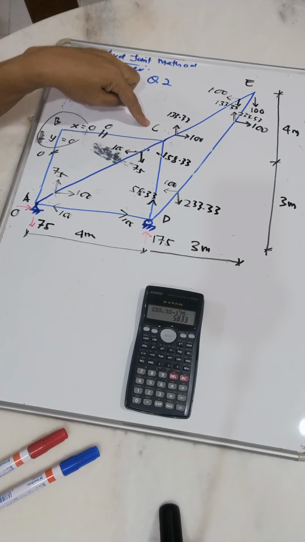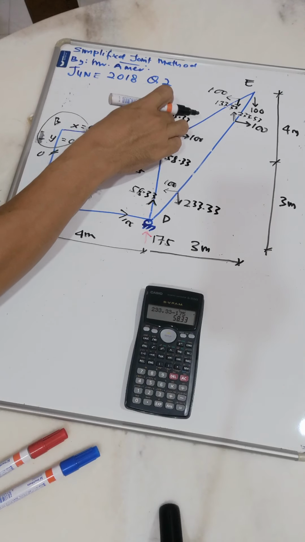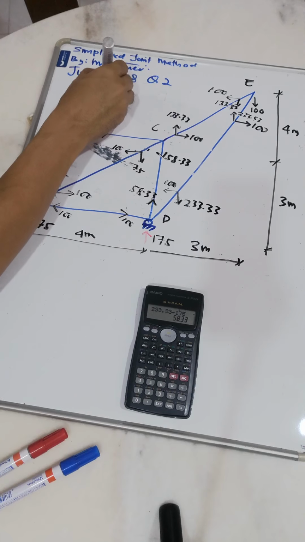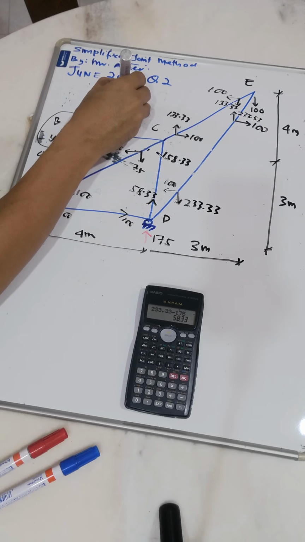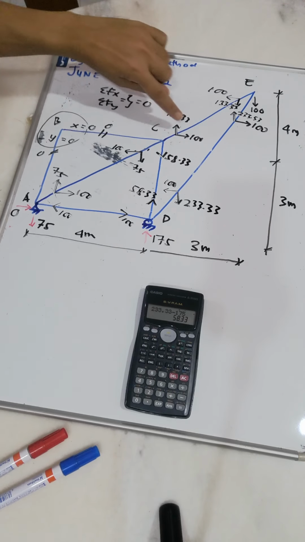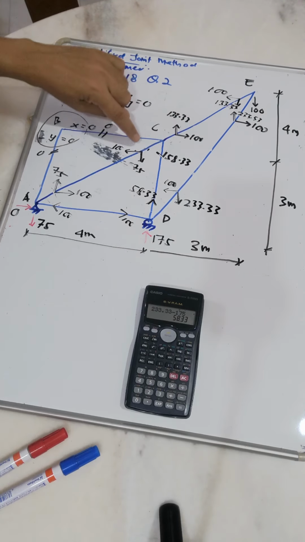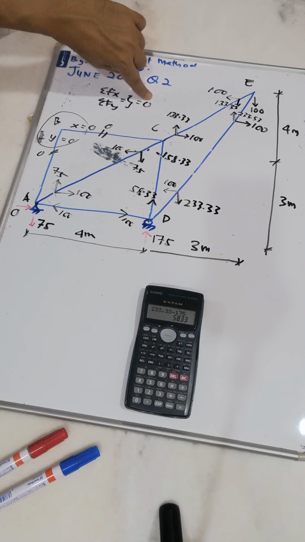So for the last joint, make joint C the checker. You must check at joint C whether they meet the condition that summation of force in X and summation of force in Y must equal 0. In X, 100 to the right, 100 to the left, so it meets the condition of equal to 0.